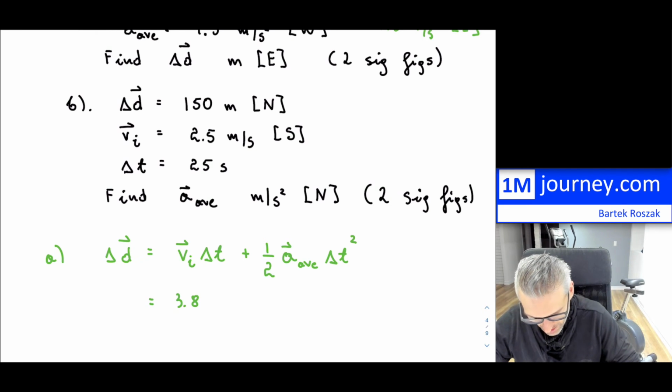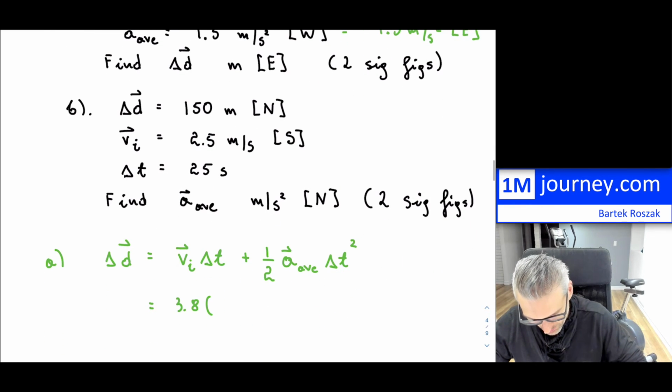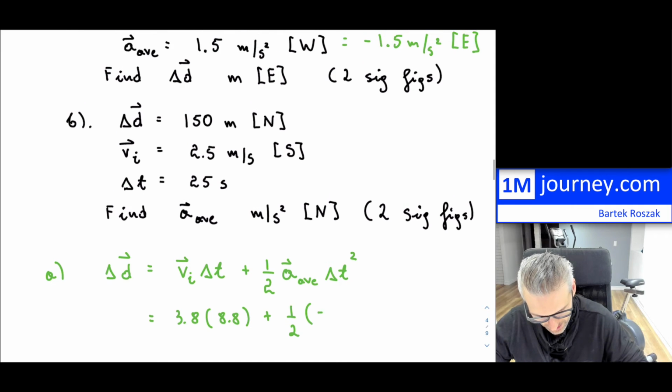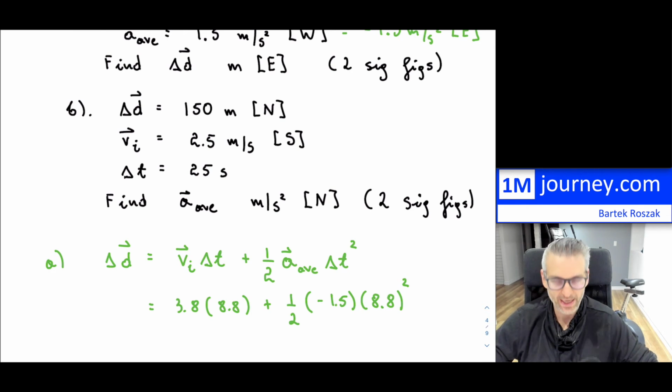I drop all the units because they are consistent. My change in time was 8.8, so that's 8.8 plus 1/2. Now my acceleration, this is where I have to be careful, it's negative 1.5. And my time is 8.8, and notice it's squared.